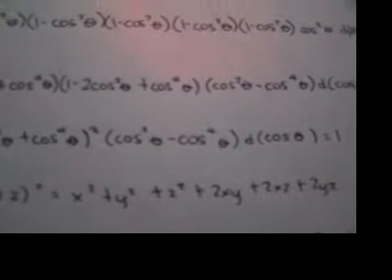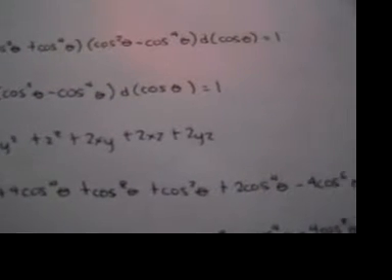The trinomial term is in squares, so that can be algebraically converted into a multinomial. So there, that's the formula: x squared plus y squared plus z squared plus 2xy, 2xz, and 2yz. Applying that will give you this.